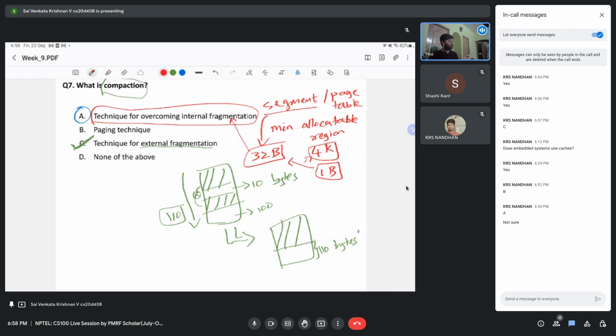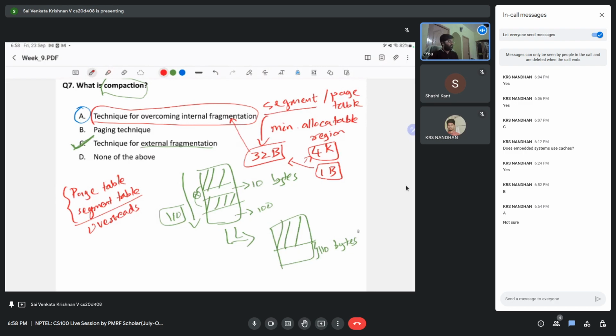The reason why internal fragmentation is difficult to avoid is because for maintaining these segments and pages, you need to have this page table and segment table and all these things, right? These are all overheads, because you will be utilizing some memory and the logic to traverse the page table and segment table for each memory access.